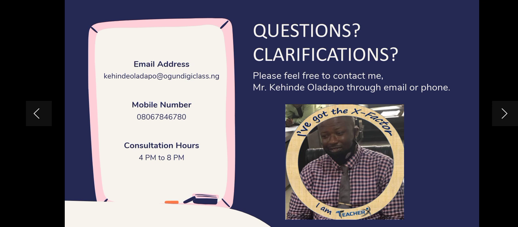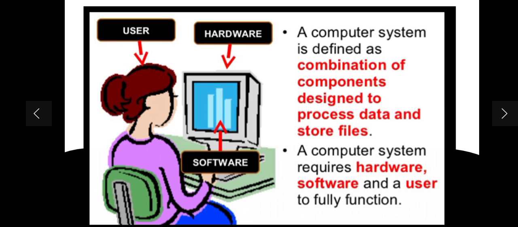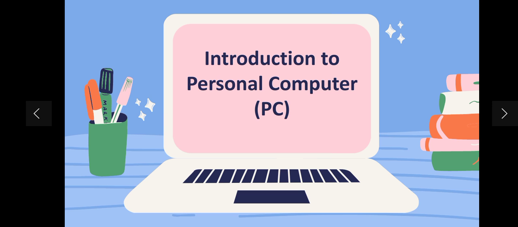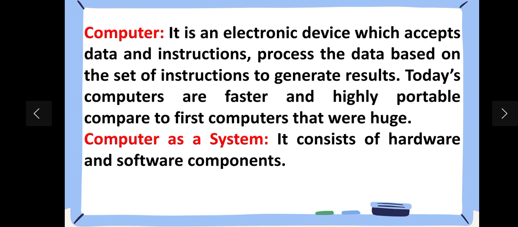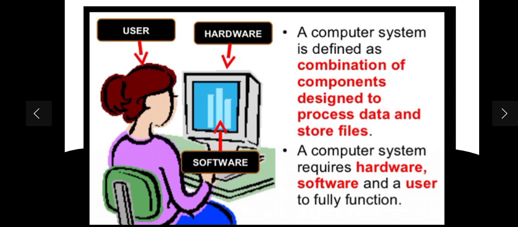So once again, this week we looked at the topic Introduction to Personal Computer. We said that a computer is an electronic machine which accepts data and instructions, processes the data based on the set of instructions to generate results. We equally established that computer as a system consists of hardware and software components.